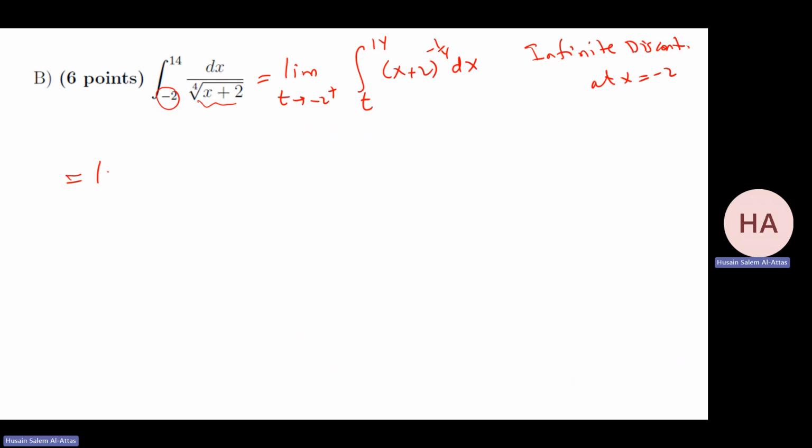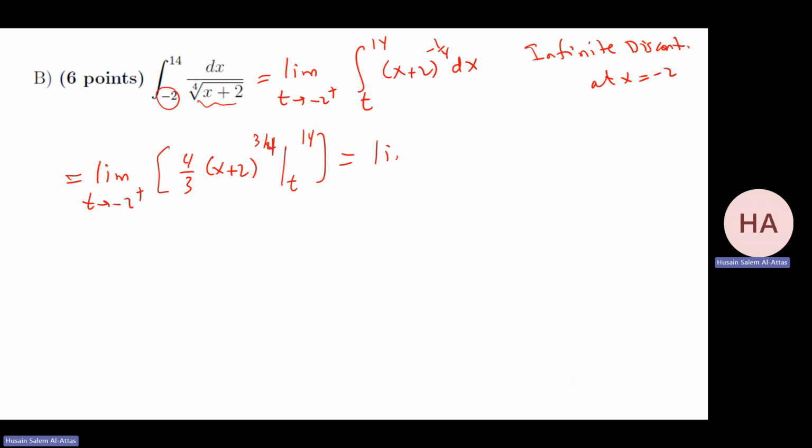Do the integration. That will be limit t goes to minus 2 from right of what? You add 1. That will be 4/3 x plus 2 to the power 3/4. Yeah, you add 1 and then divide by that, from t to 14.